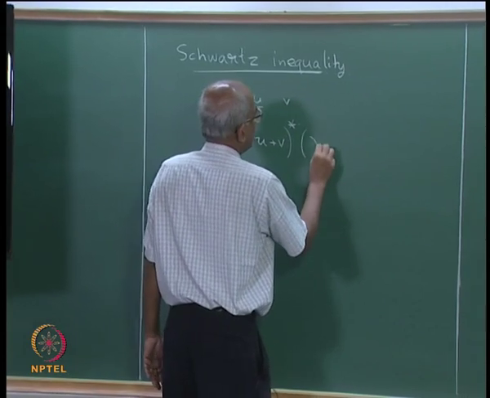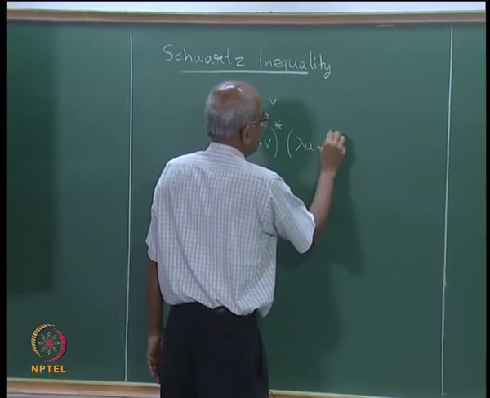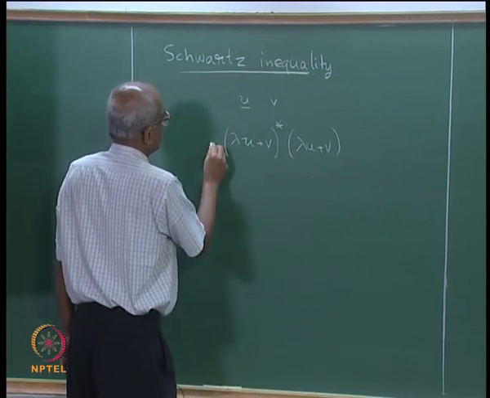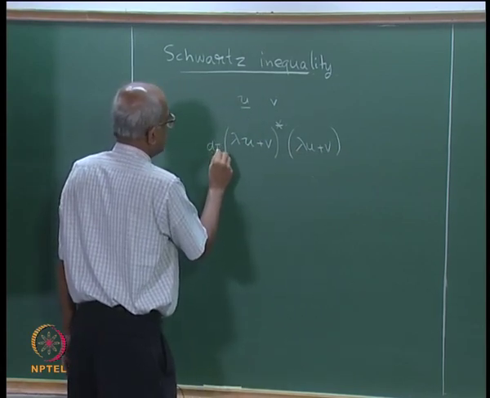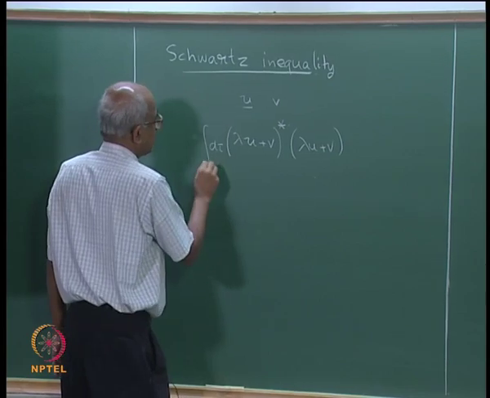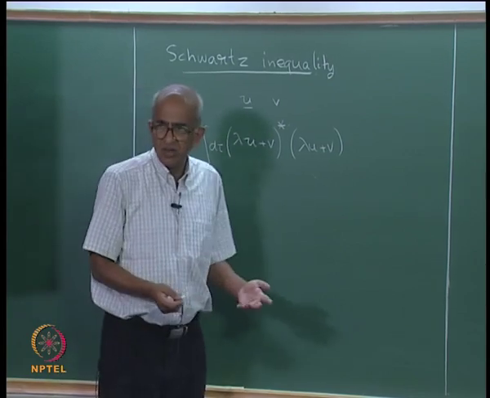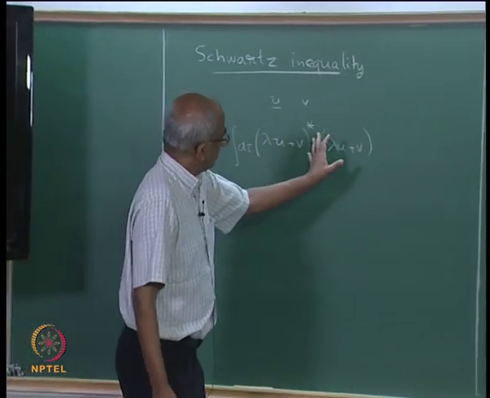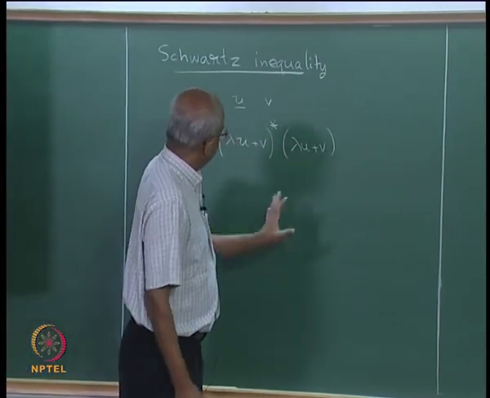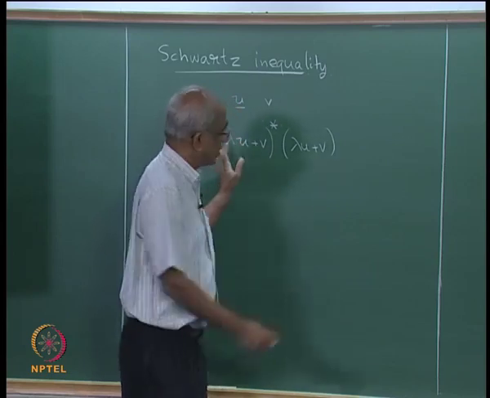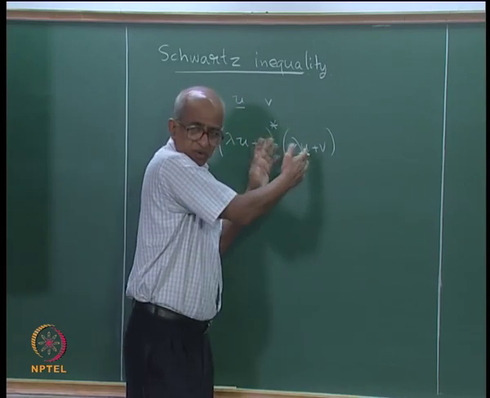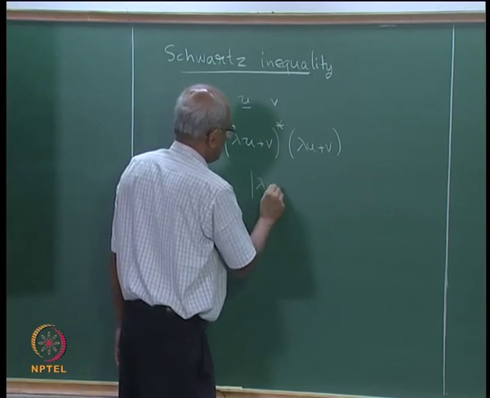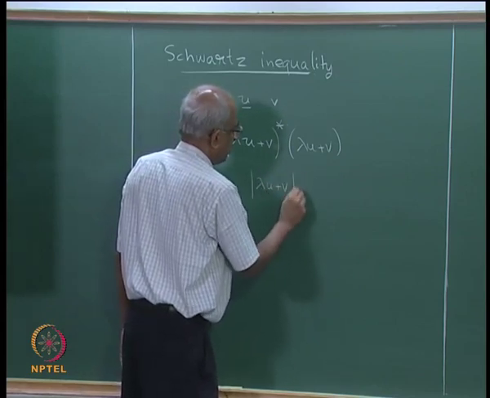So, lambda u plus v. I am going to take the function, multiply it by its own complex conjugate, and then I will multiply it by the volume element d tau and integrate over the entire space. Lambda is just a parameter, and because you are taking this combination, the function, and multiplying it by its own complex conjugate, what will happen? The product is actually equivalent to calculating the magnitude of lambda u plus v and squaring it.